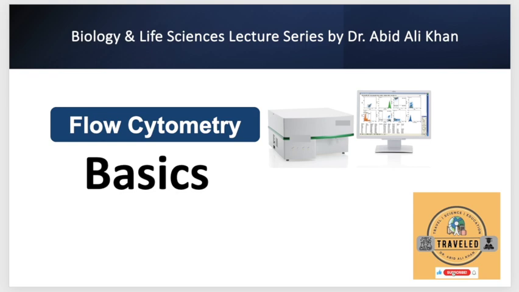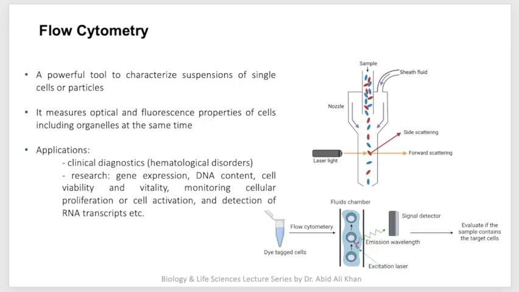Flow cytometry is a powerful technique. It's basically an analytical technique which is used in biology, especially in immunology and in clinical diagnostics. In other cases, for example in industrial microbiology and other processes, flow cytometry is quite often used these days.